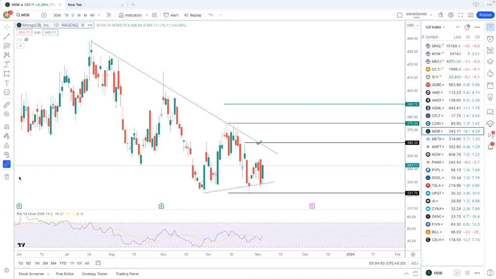If it starts trading above 360, then I'm comfortable to give the target of 375 and 390. Unless it crosses 360, there is a possibility that it can go till 360 and then come down. Downside target is 321, or you can say it has a major support at 321. The good risk reward ratio would be if it starts trading above 360.